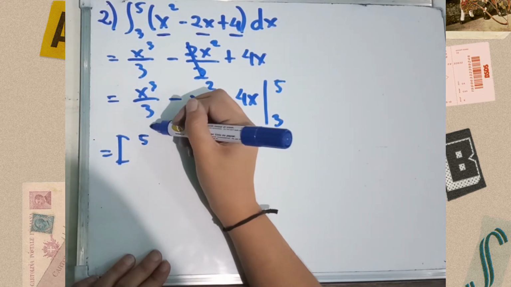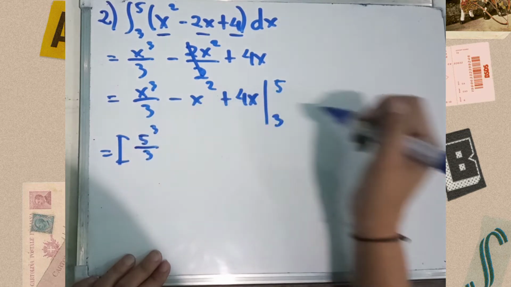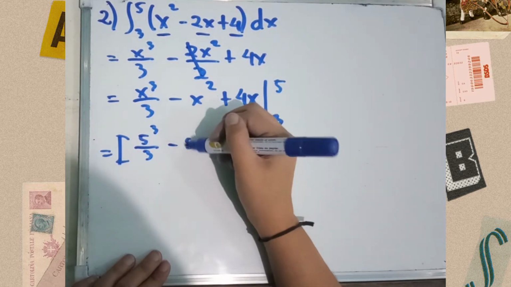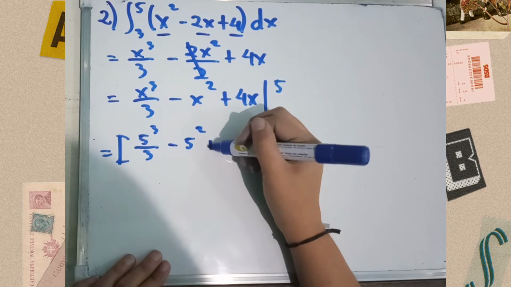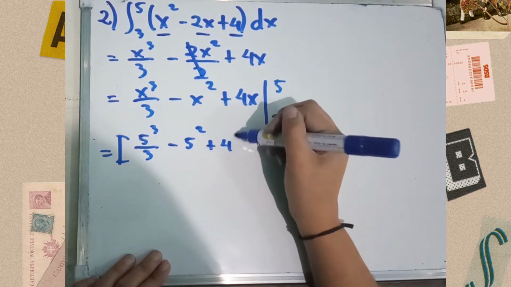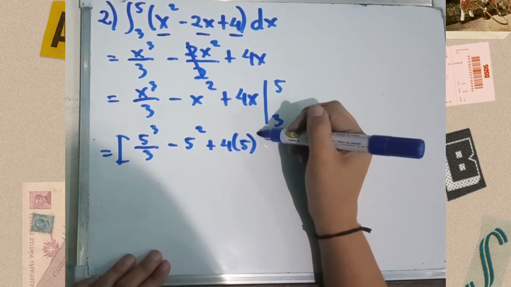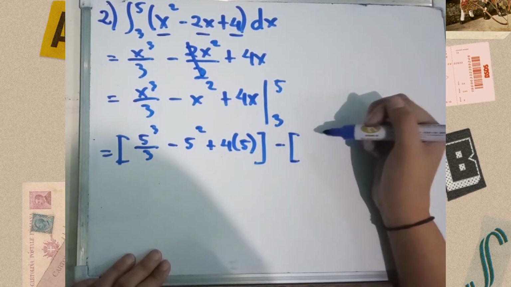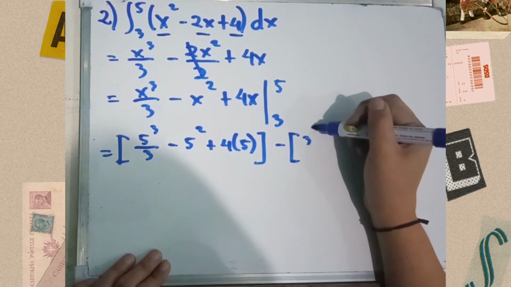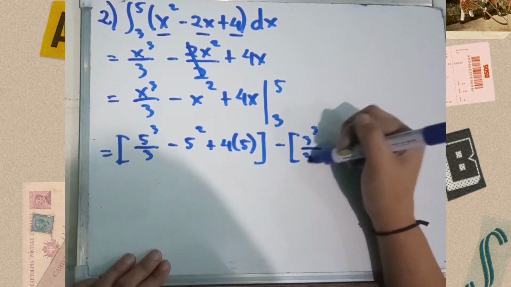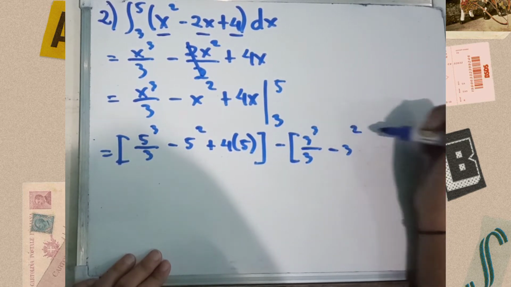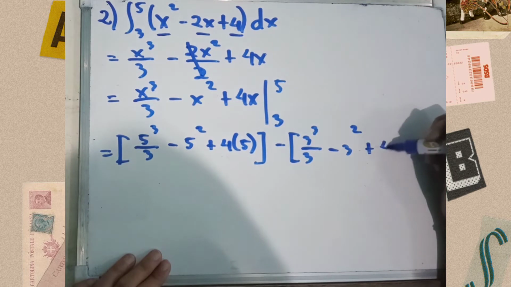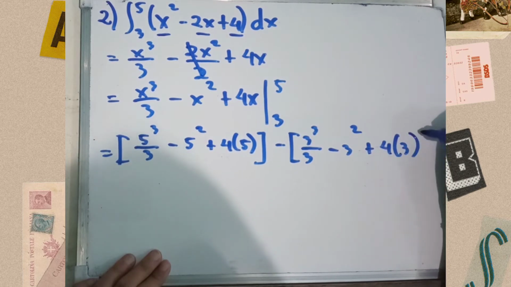That's 5 cubed over 3 minus 5 squared plus 4 times 5, minus, subtracting the lower limit, 3 cubed over 3 minus 3 squared plus 4 times 3.